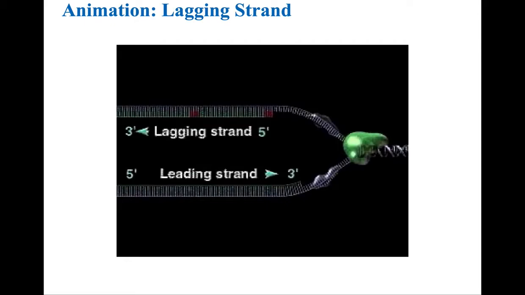And in the picture there, which is the first freeze frame of the video, you see the little red pieces. Those red pieces are called RNA primer. So those red pieces you see in the picture right now, those are called RNA primer. It actually needs a starting piece. So RNA primer. The other thing about the lagging strand, the one at the top, is it can't be made as one uniform piece.